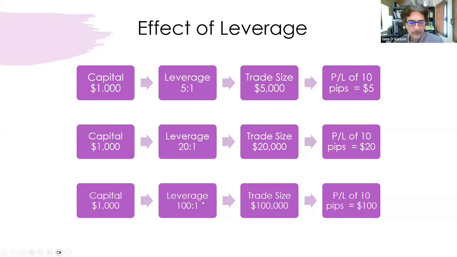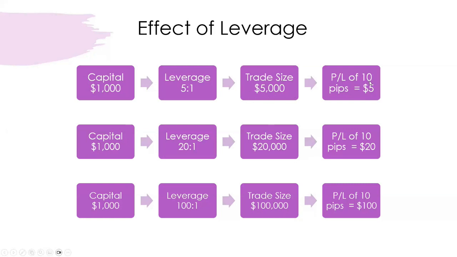Right. Well, the motivating factor in trading with lower leverage is that you have more control over your possible losses, because your losses are easier to manage. If you're trading a $1,000 account with $5,000 in reality, and you lose 20 pips or 30 pips, you lose $10 or $15.